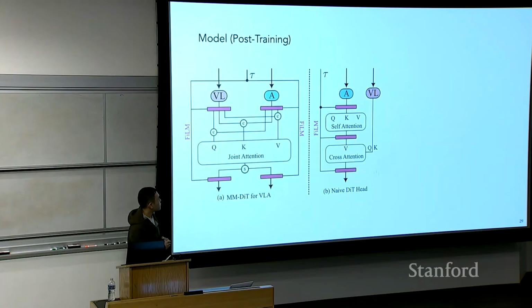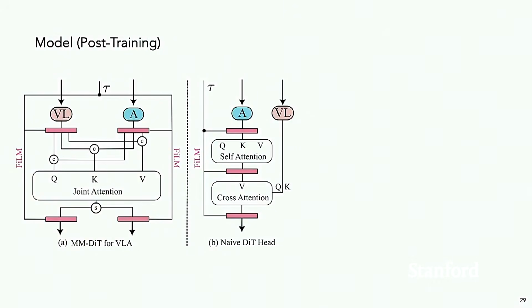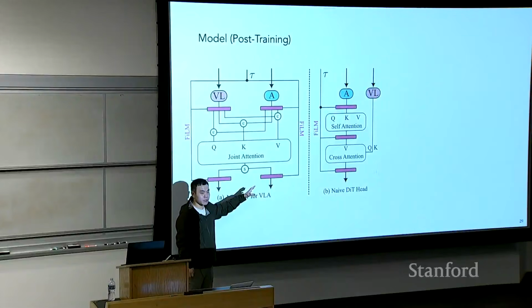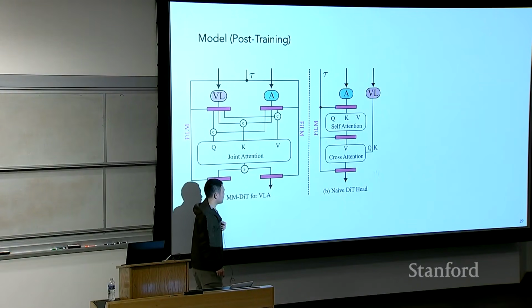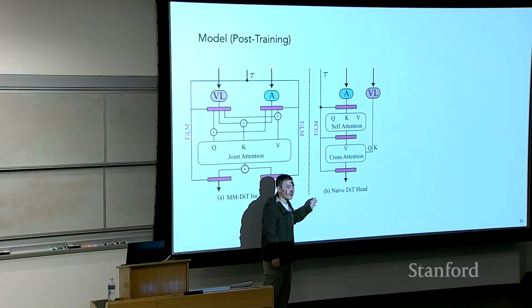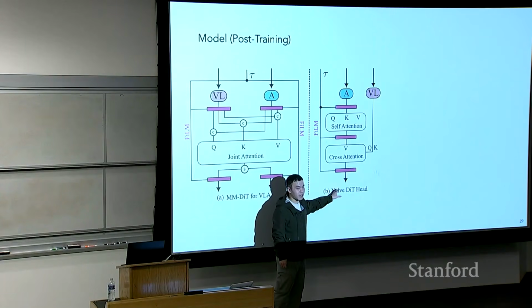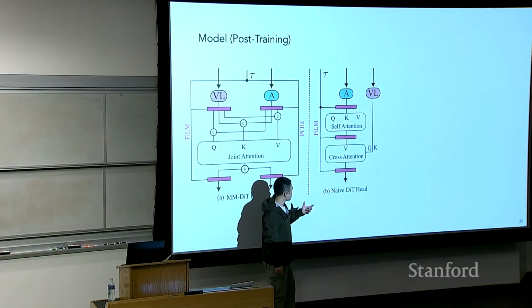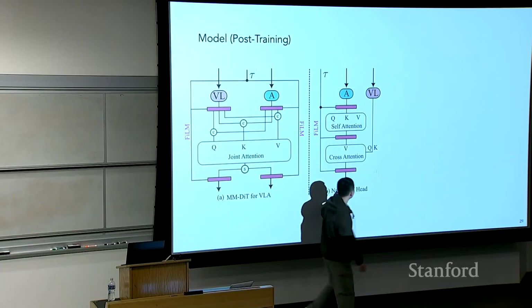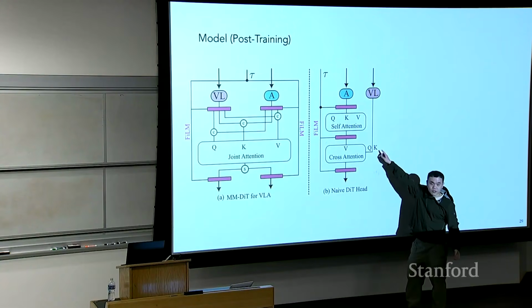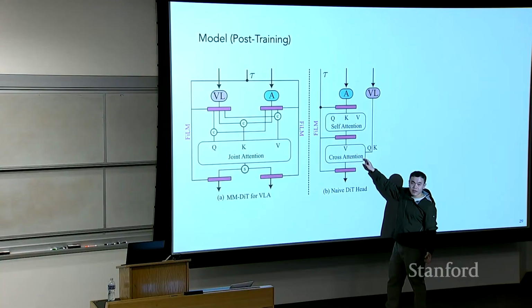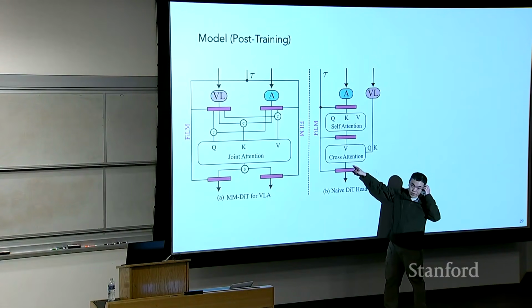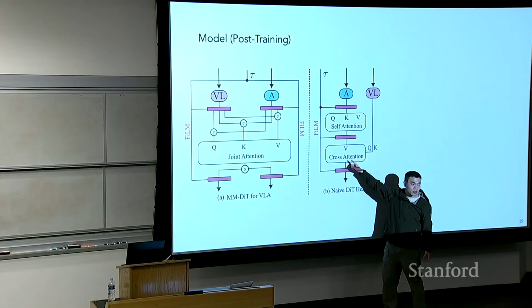Here is a comparison between the MMDiT head in our VLA model and the naive DiT head in most VLA models. All of the existing VLA models more or less use a similar design for action prediction. In this naive DiT head, the VLM features are mixed with the action features at a very late stage of the DiT module.